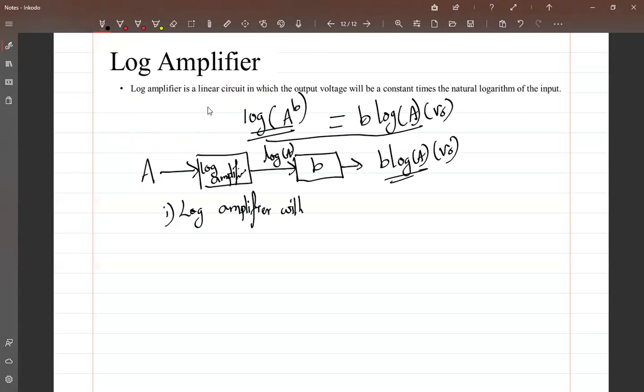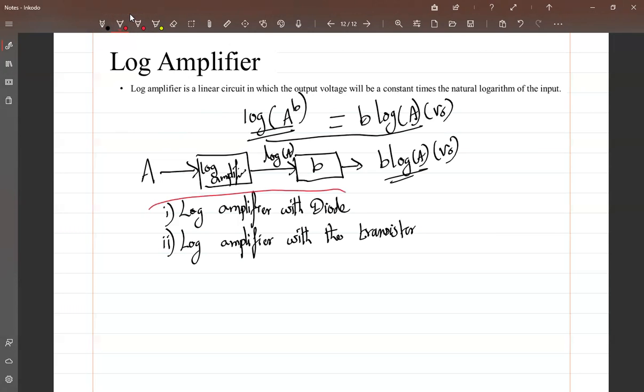By using the diode itself, we can convert to the logarithmic value. By using the transistor connection, we can convert the input signal to the corresponding logarithmic value of the input signal. In this video, we are going to discuss the log amplifier with the diode only.